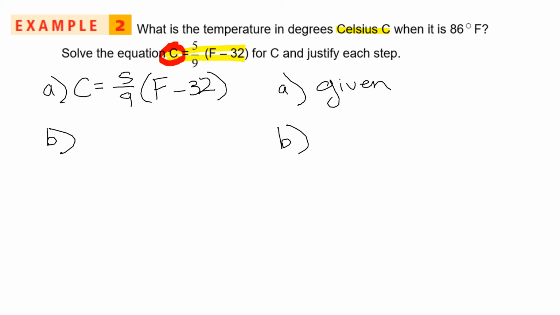What other piece of important information have we not used yet? That 86 degrees Fahrenheit. So where does that go in our equation? It goes in for F. So we have C equals 5/9 (86 minus 32).